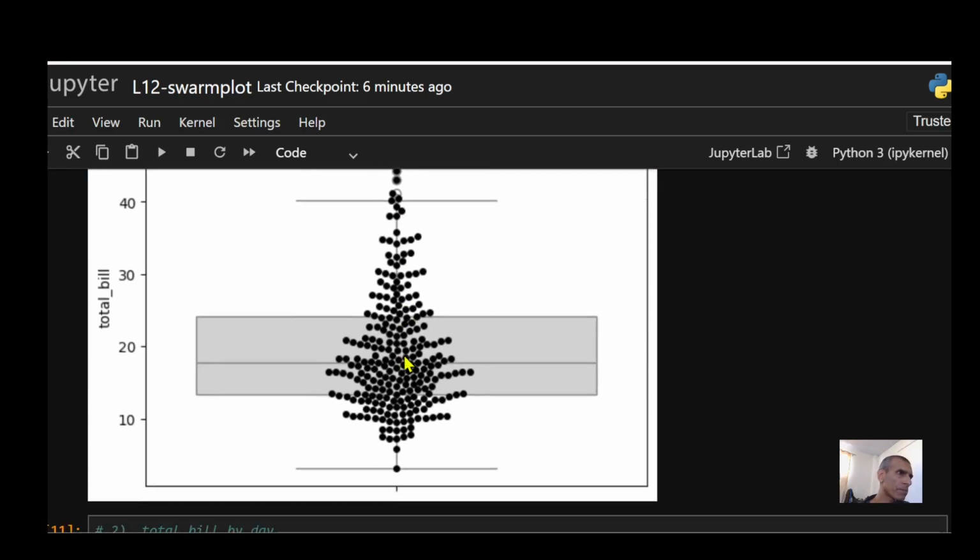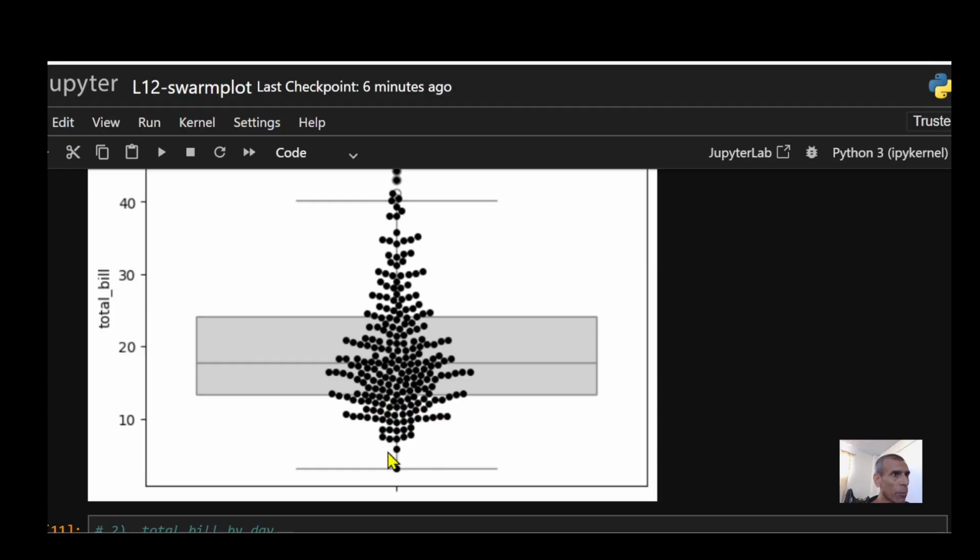So here you can see that most of my data is heavily concentrated in this region right here. So if you remember from the box plot session that I explained a while back, this is your Q1. And Q1 means that this is the point where 25% of your data falls below that. In other words, 25% of your data is in this region.